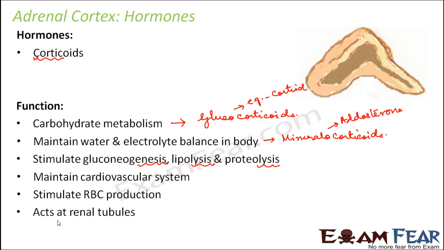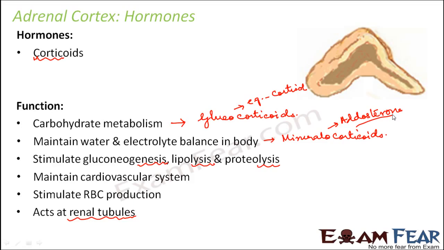Acts at renal tubules. You remember renal tubules? Where do we have the renal tubules? In the nephron, the kidneys, the excretory system, right? So what does the renal tubule do in the excretory system? It helps in reabsorption of water, reabsorption of ions. That happens in the renal tubule, right? So this aldosterone, which I was talking about just now, the mineralocorticoid, stimulates reabsorption of sodium ions and water, and also excretion of phosphate ions in the renal tubule.